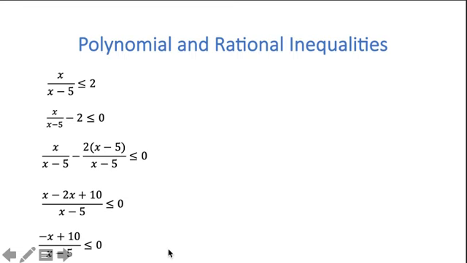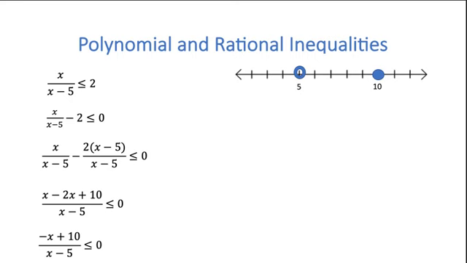So what are my critical values? Well, my critical values are what makes the numerator 0 and what makes the denominator 0. What makes the numerator 0 would be 10, and what makes the denominator 0 would be 5. Now I'm marking those on my number line, but I want you to notice I put an open circle on 5 and a closed circle on 10.